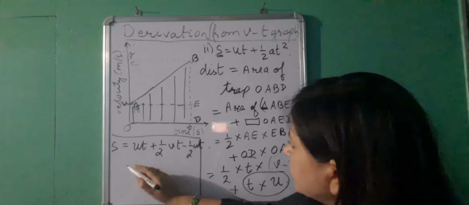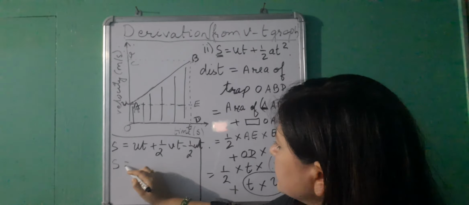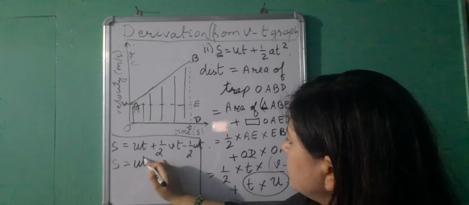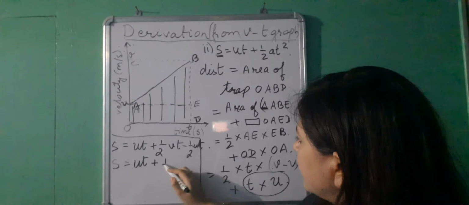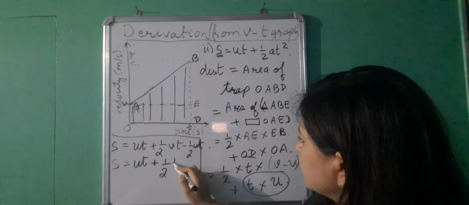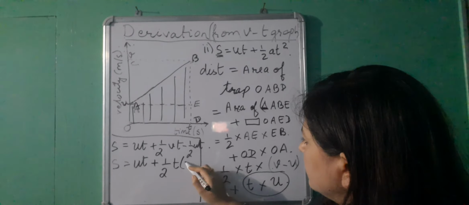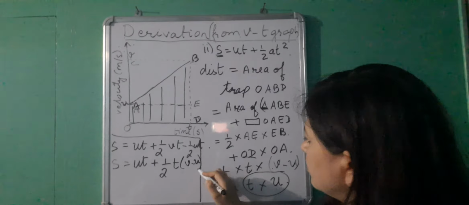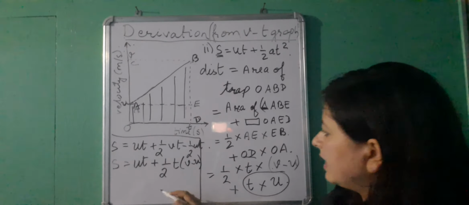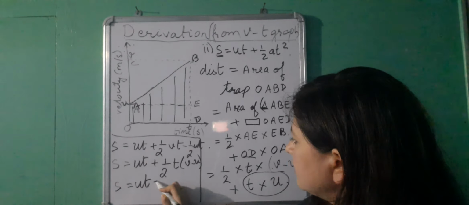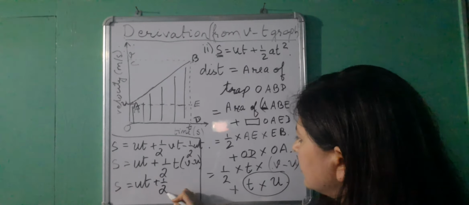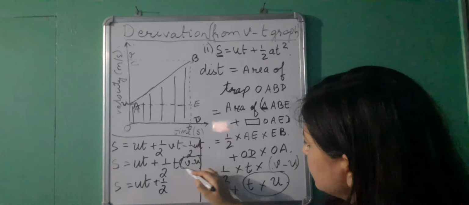Or S is equal to UT plus, to make it simpler, I will not include this multiplication right now, half into V minus U. S is equal to UT plus half, now what is V minus U?